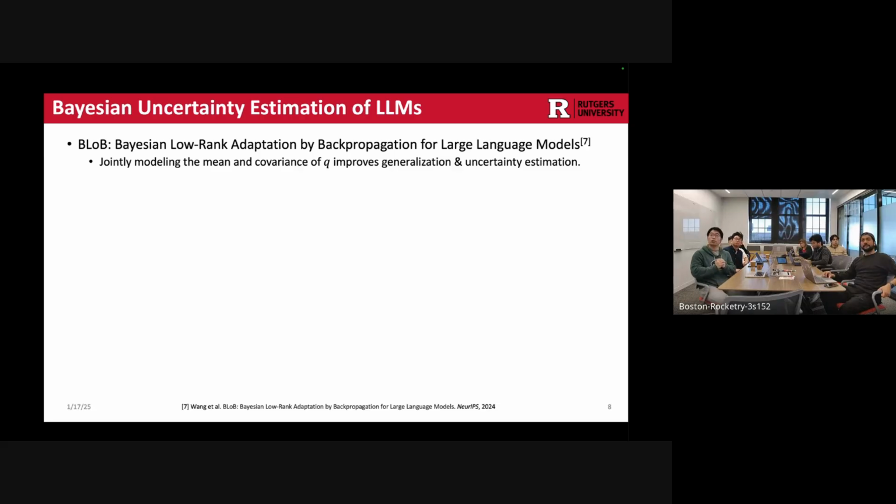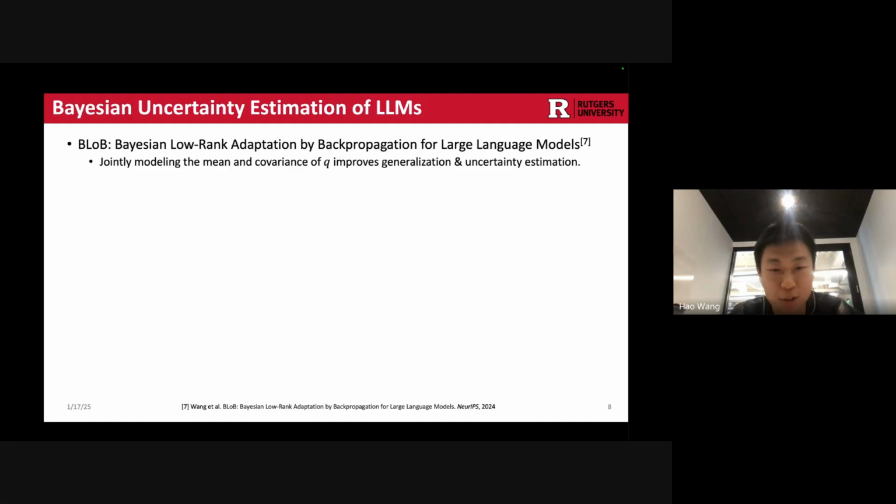I think there's a question. Oh, sorry. Yes. Don't want to interrupt you, but I have a quick question regarding the setting here. When you talk about uncertainty quantification or uncertainty estimation of large language models, what specifically do you mean?